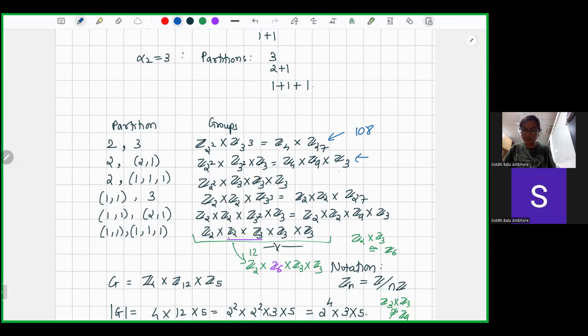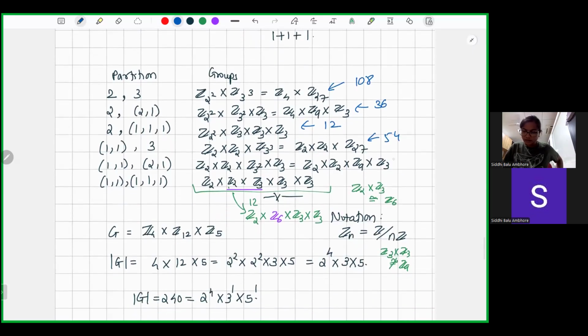Here, exponent will be 9 into 4, 36. Here, exponent will be 4 into 3, 12. Here, exponent will be 54. Here, exponent will be 18. And here, exponent will be just 6.